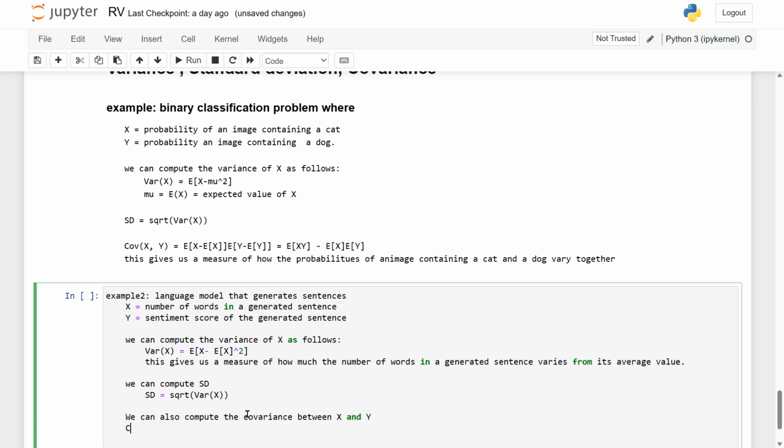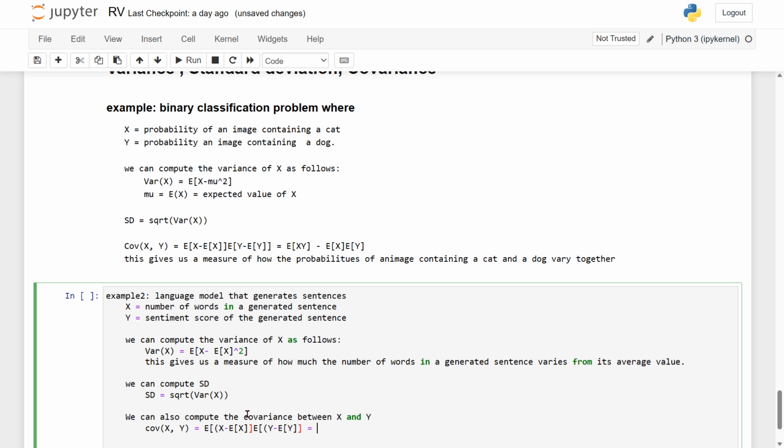So now the covariance of x comma y is equal to E of (x minus E of x) times (y minus E of y).